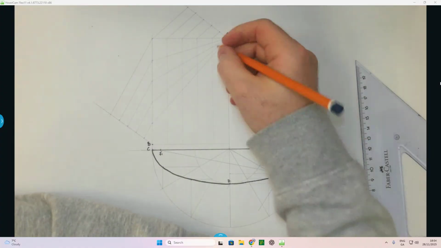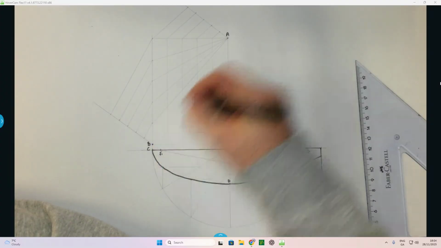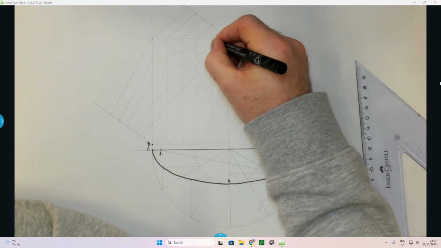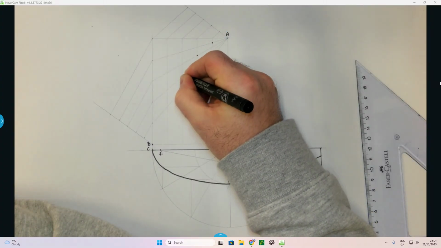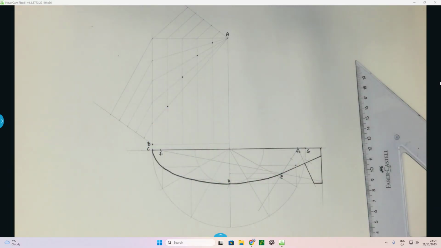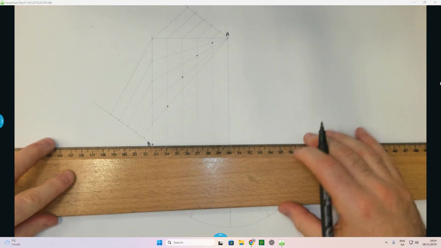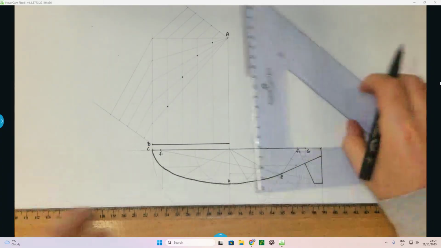Okay, and what they'll help us locate is points on our parabolic curve. B is a point, and now from A, if I go out one and down one, that's where the next point is. From here, over, down, over, down, over, down, and finally over, down. There's my points.